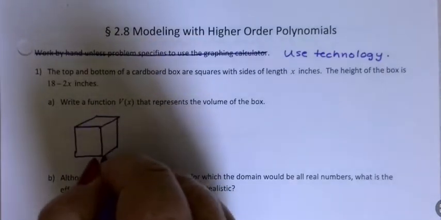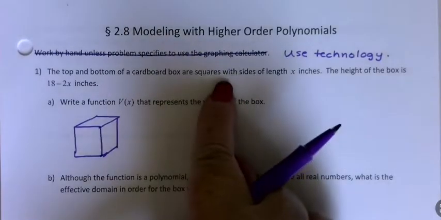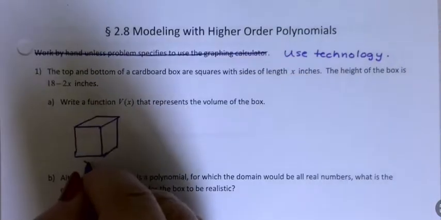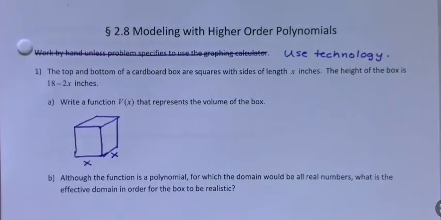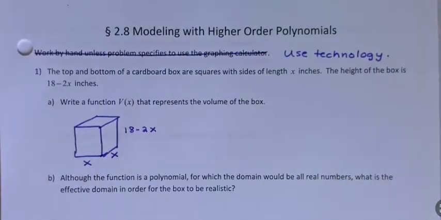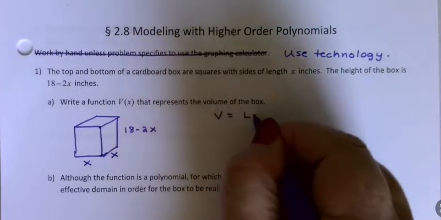We have this box with a square base, and the square top and bottom has sides of length x. So x and x. The height is 18 minus 2x. And definitely the volume of any box is length times width times height.